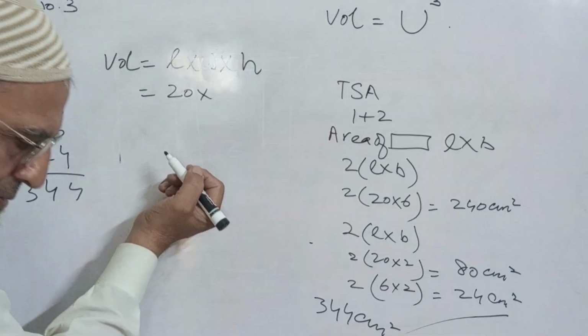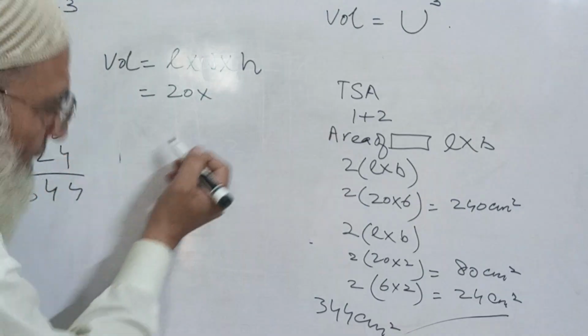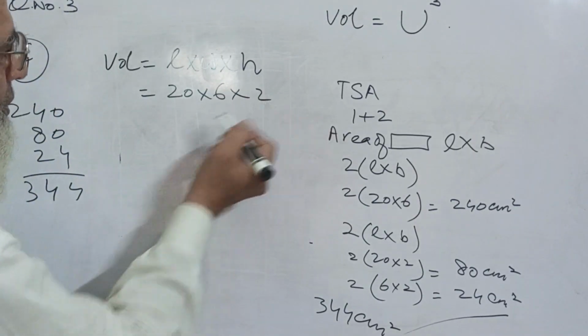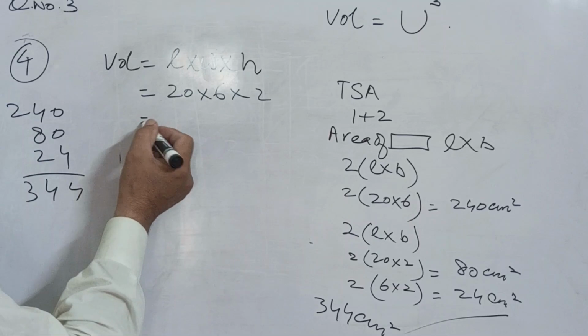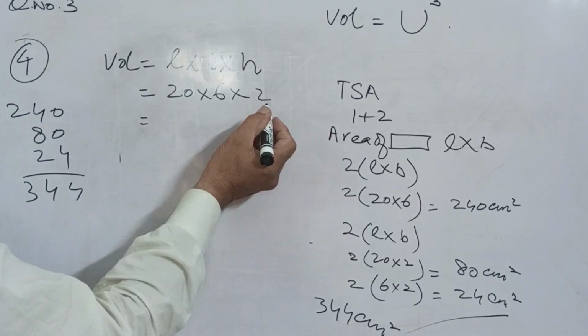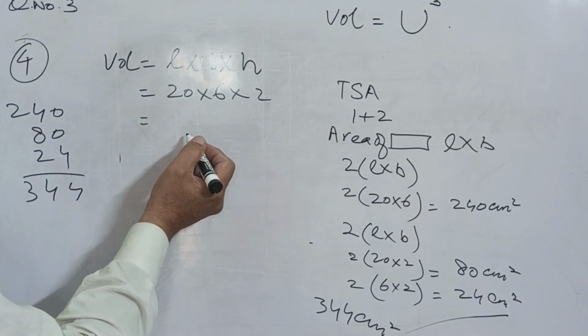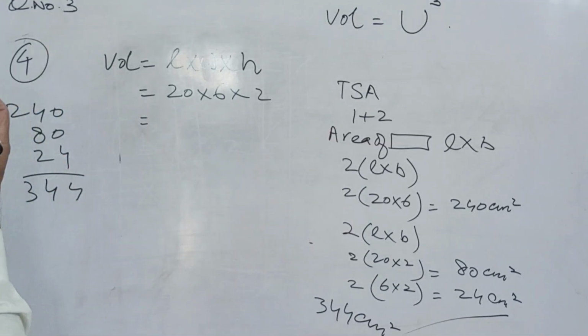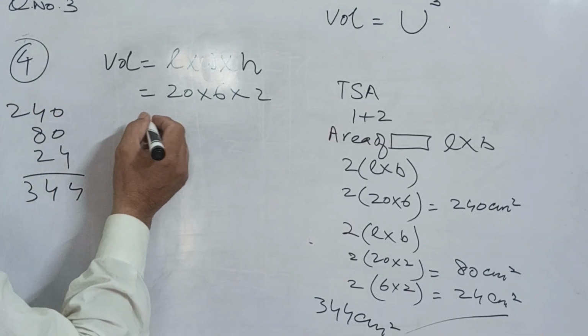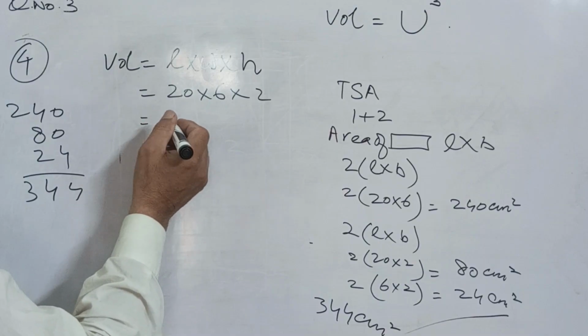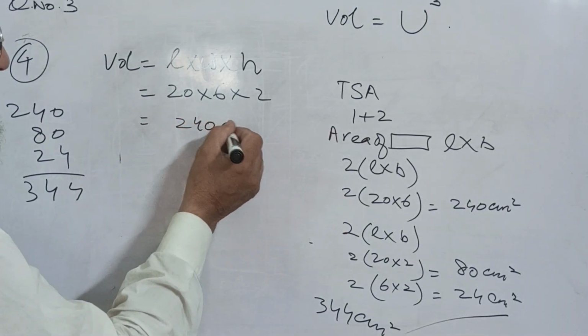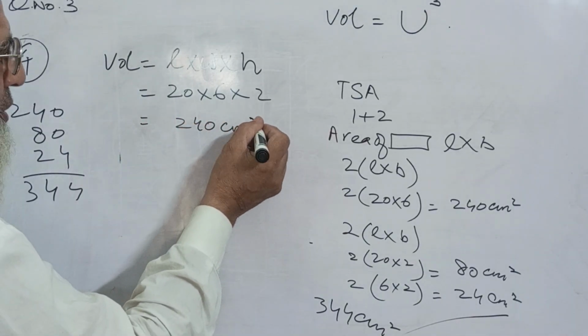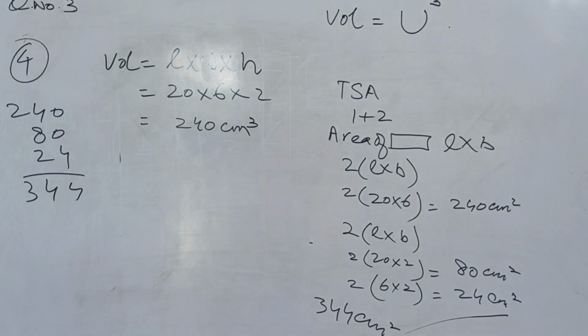It becomes 120 multiplied by 2, which is 240 centimeter cube. Now this is in centimeter, and we have to change it into meter cube.